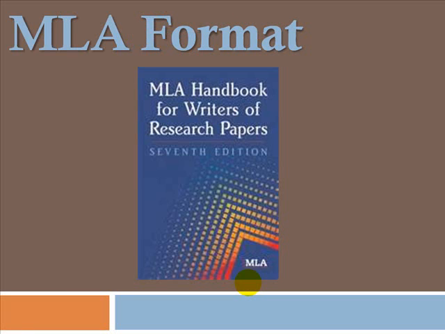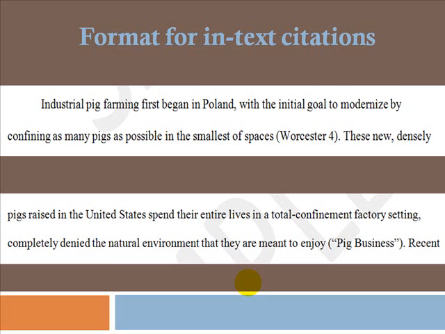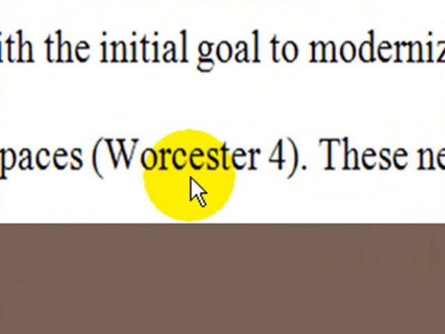MLA format is the format that we use for the students to write the research paper. So I just want to go over a few things with what MLA format looks like, because a lot of people are familiar with other formats such as APA or Chicago and may not be familiar with MLA. With MLA format, students are supposed to use in-text citations. If you look at this first one here, what this shows is that the author of this, where this paraphrase came from, the author is Worcester, and it came from page 4.